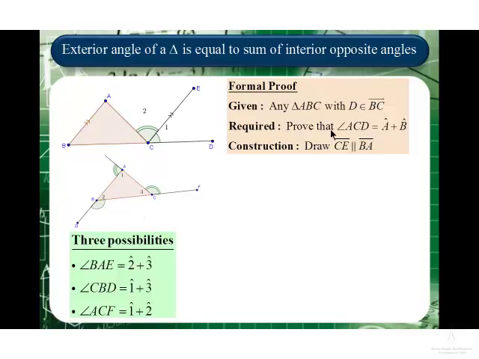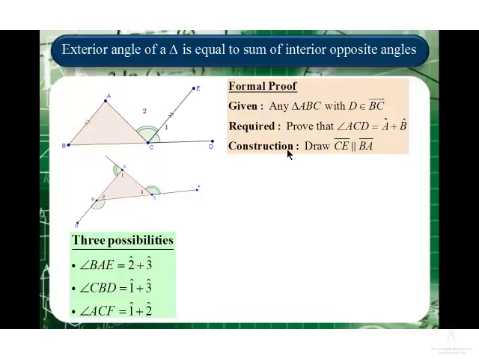Now how do we prove this? At this point in time we have to proceed by making a construction that will enable us to utilize some of the results that we have seen thus far in order to prove this particular result.